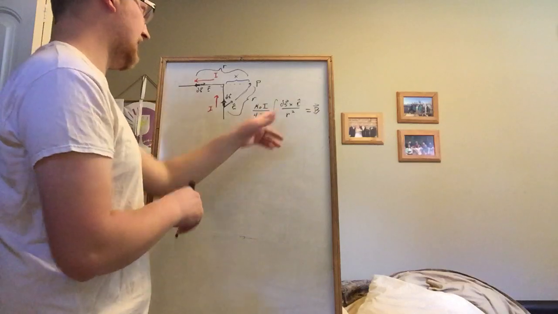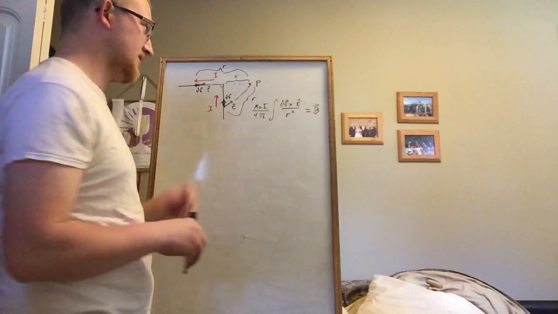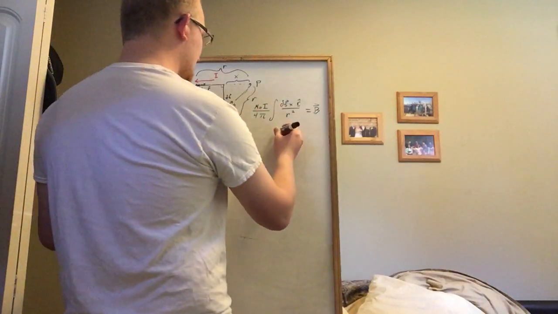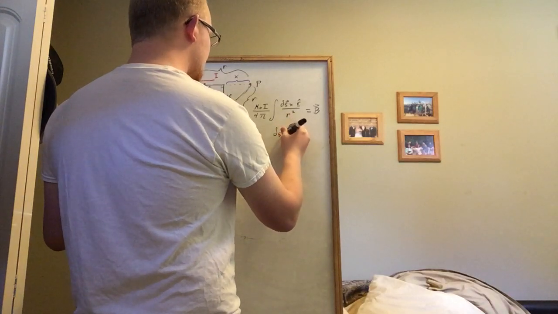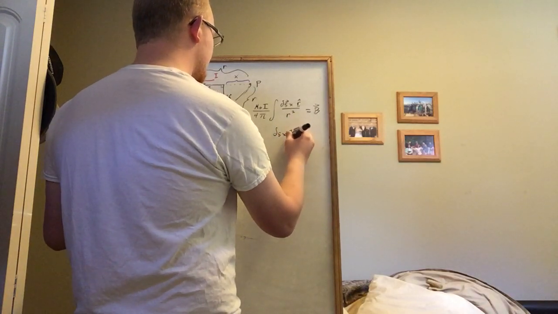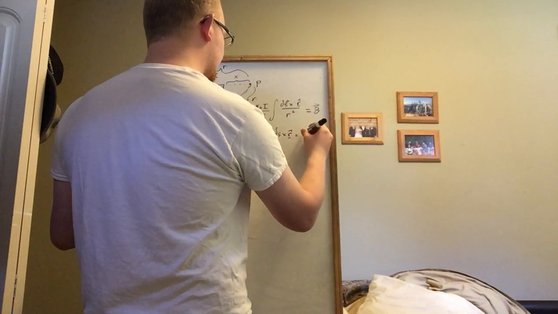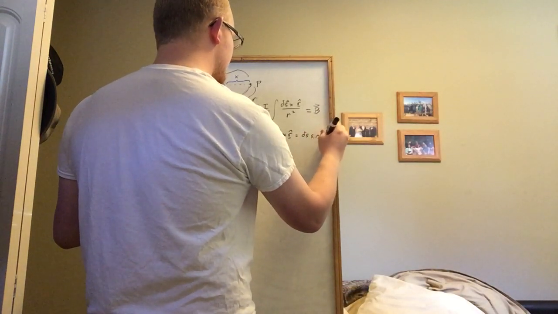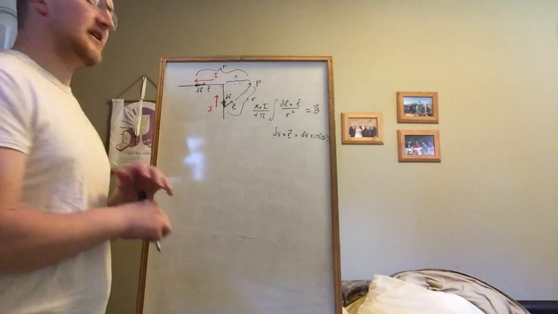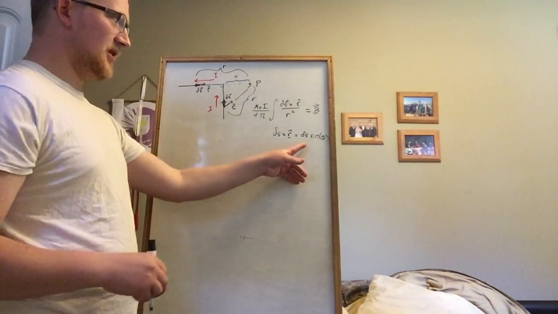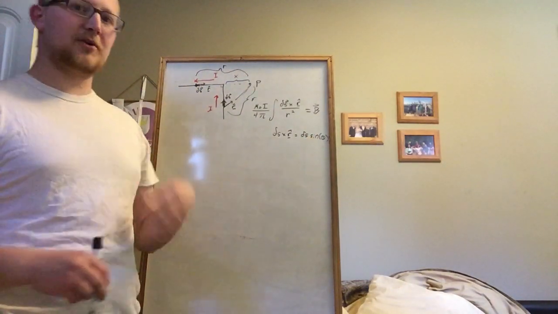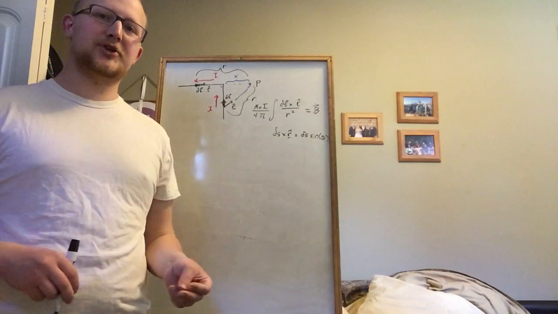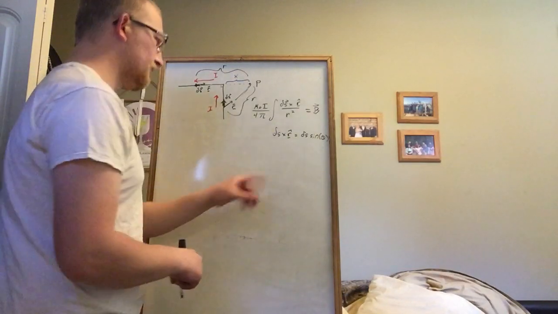The first thing to look at in this integral is what ds cross r hat looks like. Ds cross r hat is equal to ds sine theta, and that theta is the angle between ds and r hat. The reason we don't include r hat here is because it only holds direction. It's of length 1.